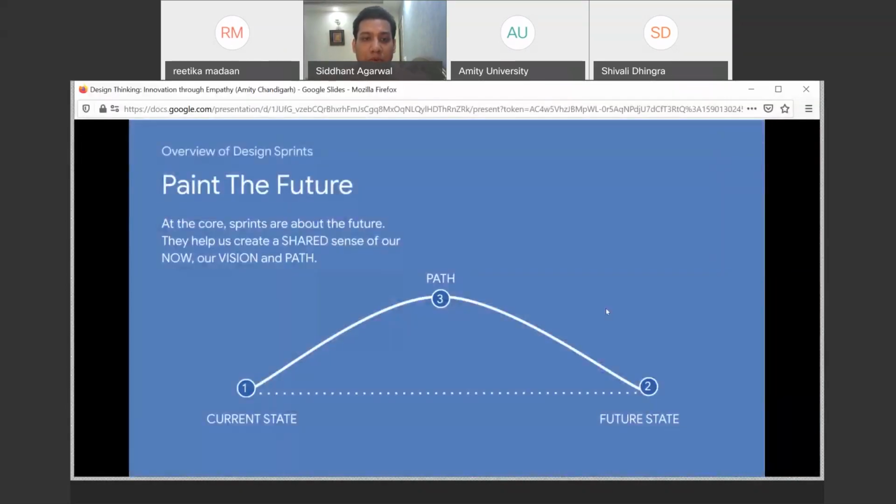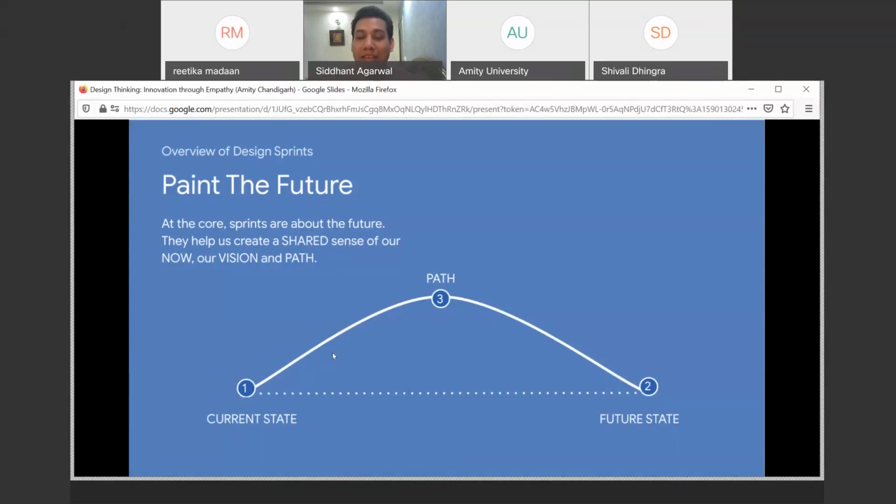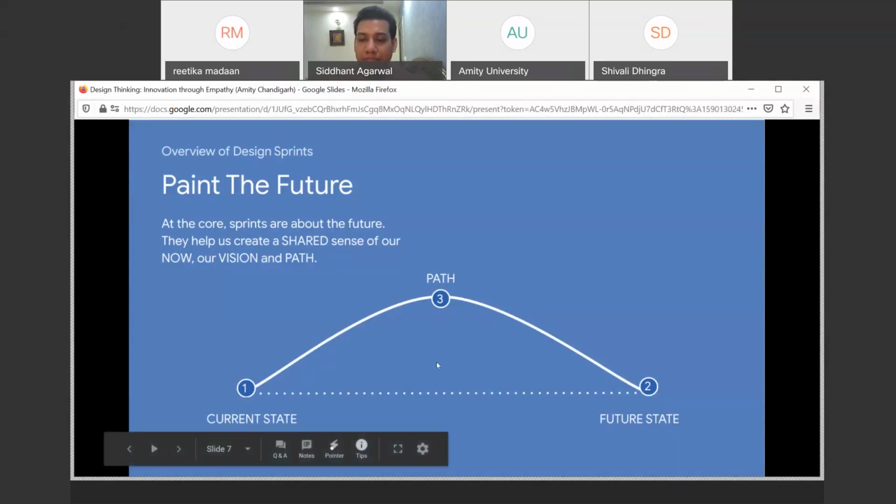So basically, at the core, design sprints help us move from the current state to the future state. And the path they follow elevates the entire process and moves to the future state in a faster way.